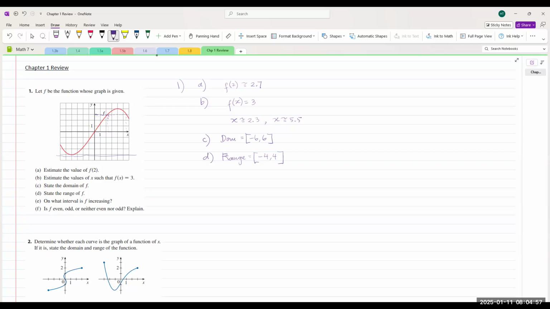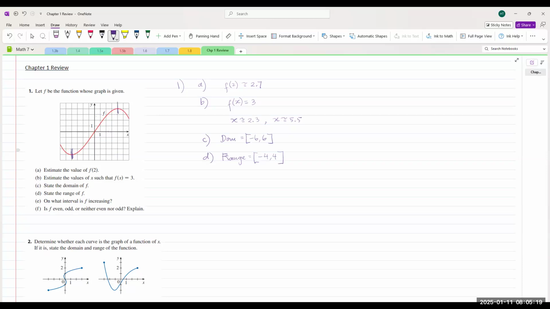On what interval is the function increasing? Increasing means the place or the axis where the slope of the graph is positive, right? We can see that it is actually increasing from here up to here.